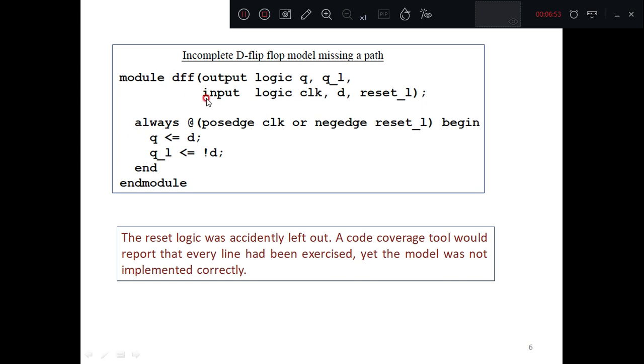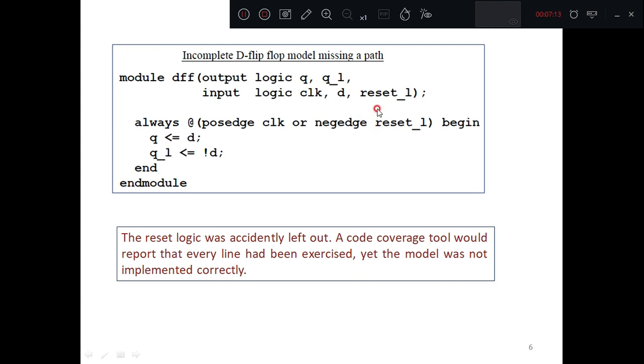So therefore we say it is an incomplete D flip-flop model, missing a path. Have you followed it? If the passage of the clock is executed or exercised, and this is not exercised, the code coverage still says all the lines have been covered.